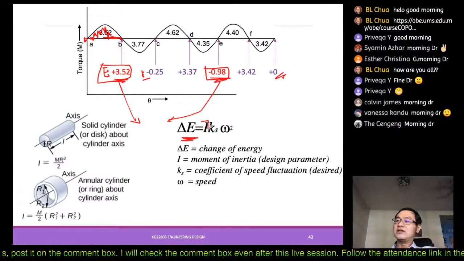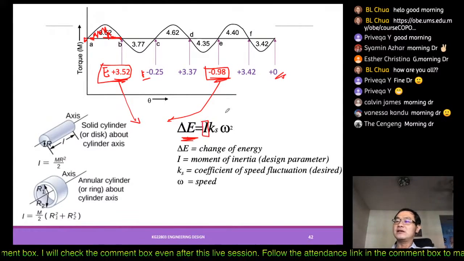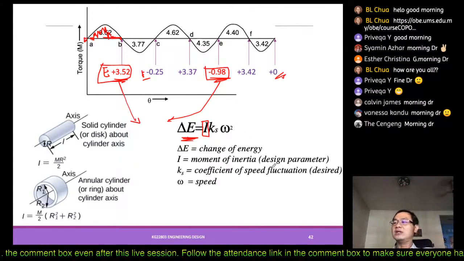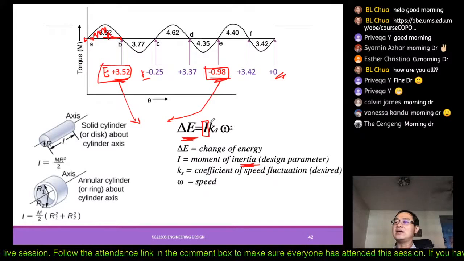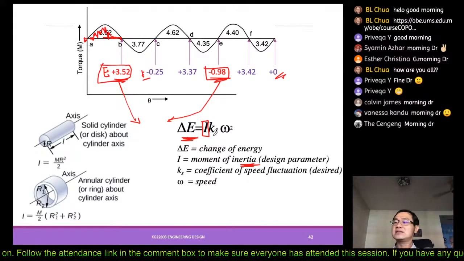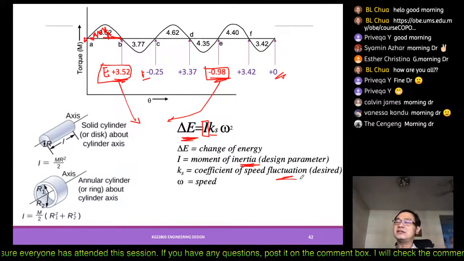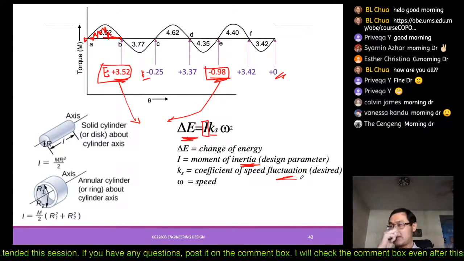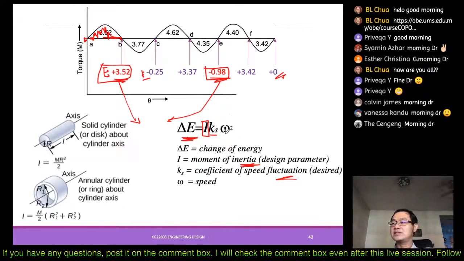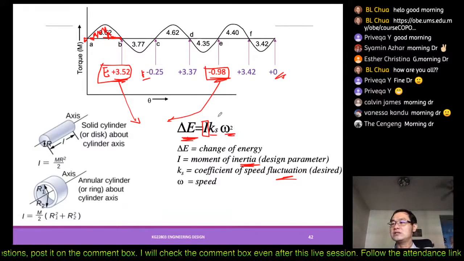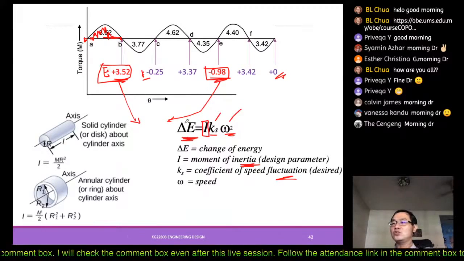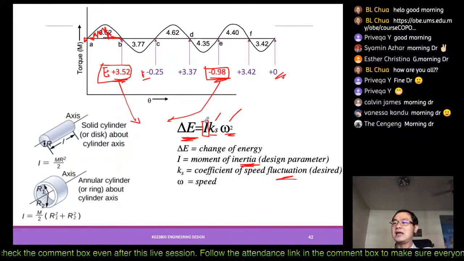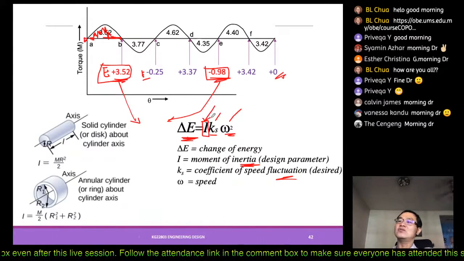And then in order to design the flywheel, this is the parameter that we intend to use. Others are the coefficient of fluctuation, which depends on our desired parameters, and the operating speed. So these will be fixed, and these two we can get, and this I is what we can design.